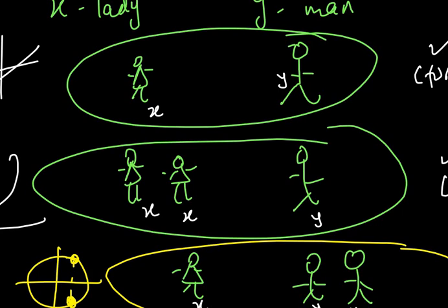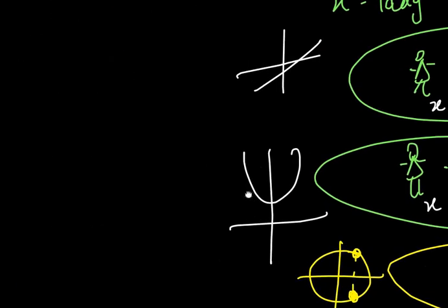So how do you tell whether something is a function or something is a relation? There is actually a way of telling whether something is a function or something is a relation. So we're going to use two tests, right?